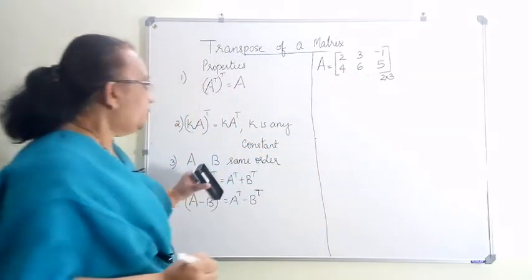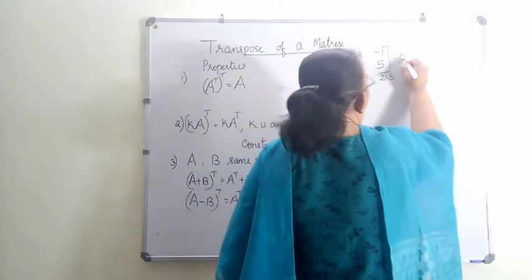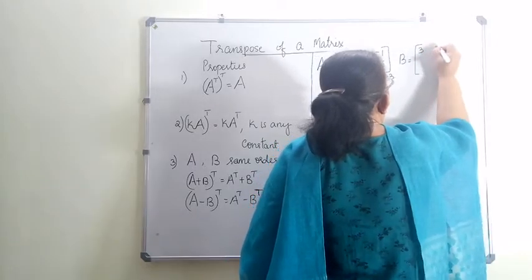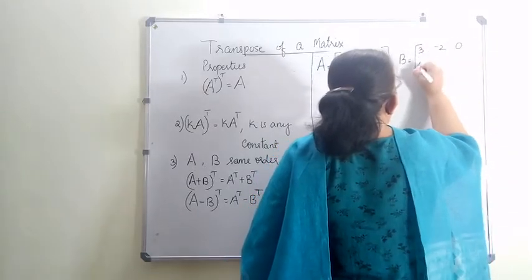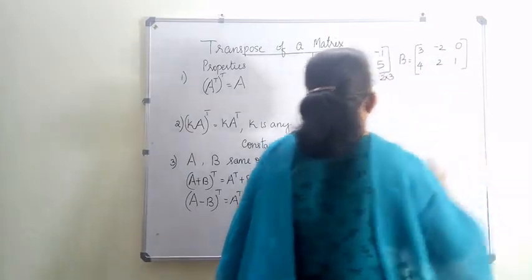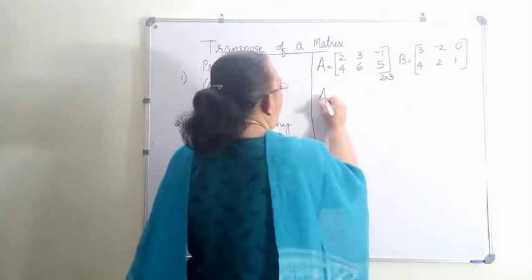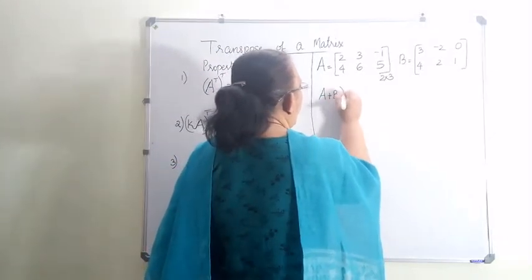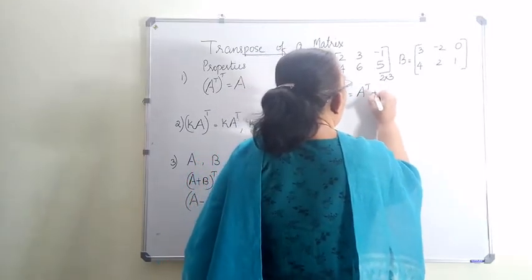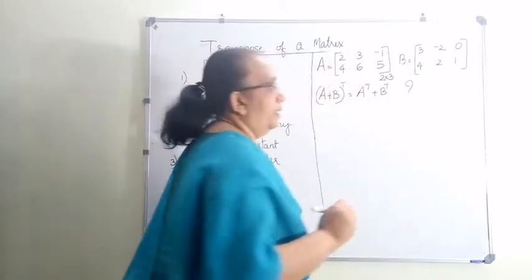So, A and B should be of the same order. B matrix is also of order 2 by 3: 3, minus 2, 0, 4, 2, 1. Now, what is the property? I have to verify A plus B the whole transpose is equal to A transpose plus B transpose. This is what I have to check.